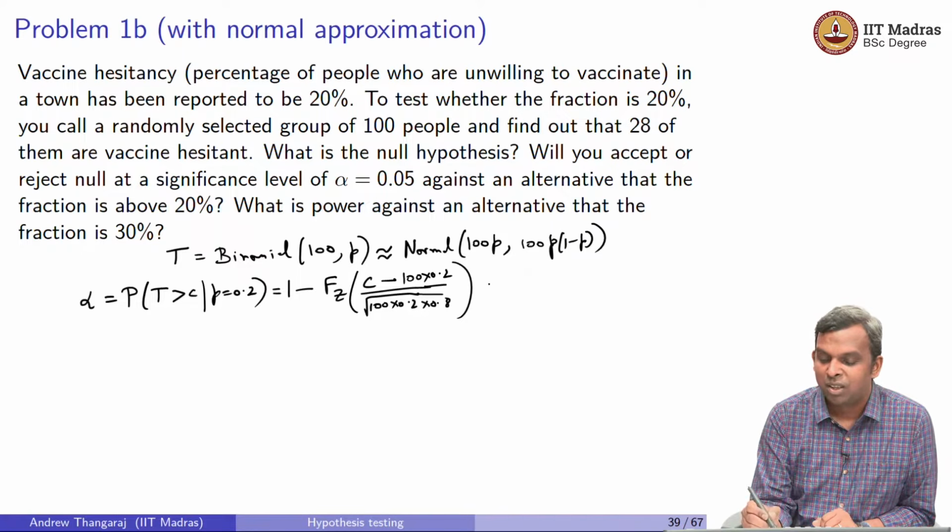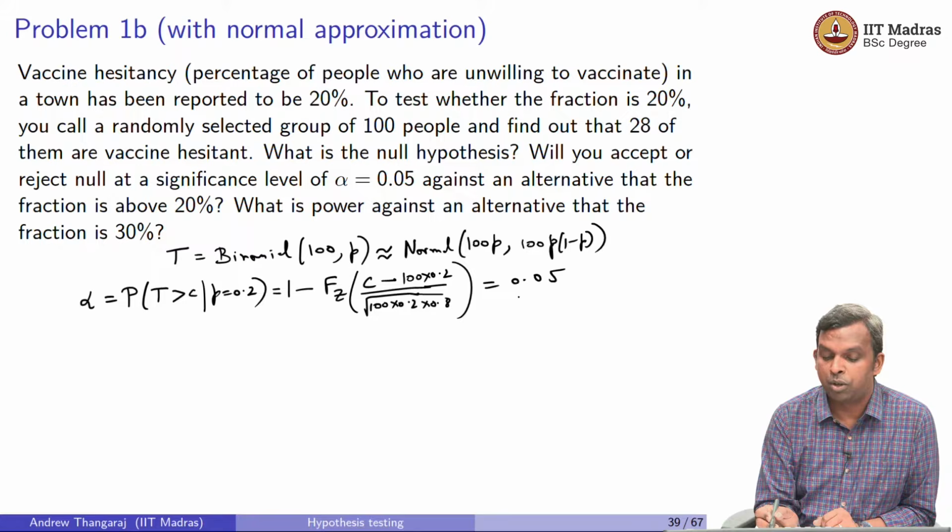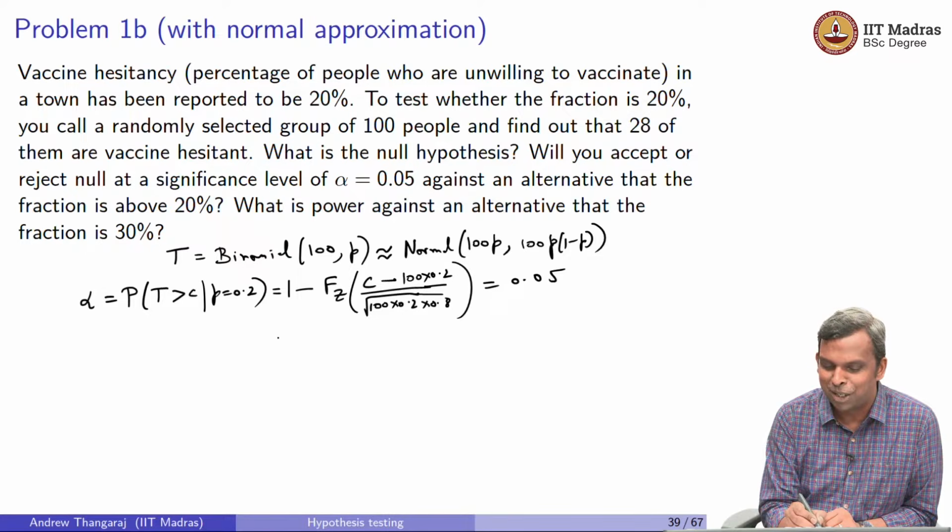Is that okay? So I want this to be 0.05. From here I'm going to find C. This formula by now should be really familiar to you. So C will be 100 times 0.2, which is 20, plus the square root of 100 times 0.2 times 0.8. 0.2 times 0.8 is 0.16, so 20 times 0.8 is 16, and the square root is 4.